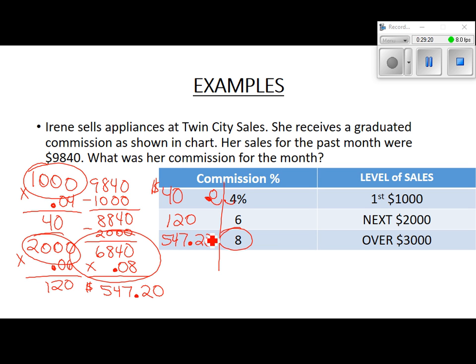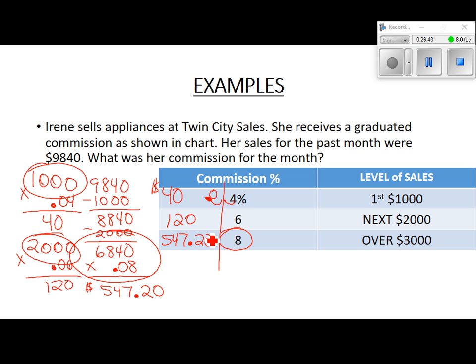The first 1,000, she made $40. Does that seem worth it? Making that extra $40. The first part, $40, doesn't even seem worth it.